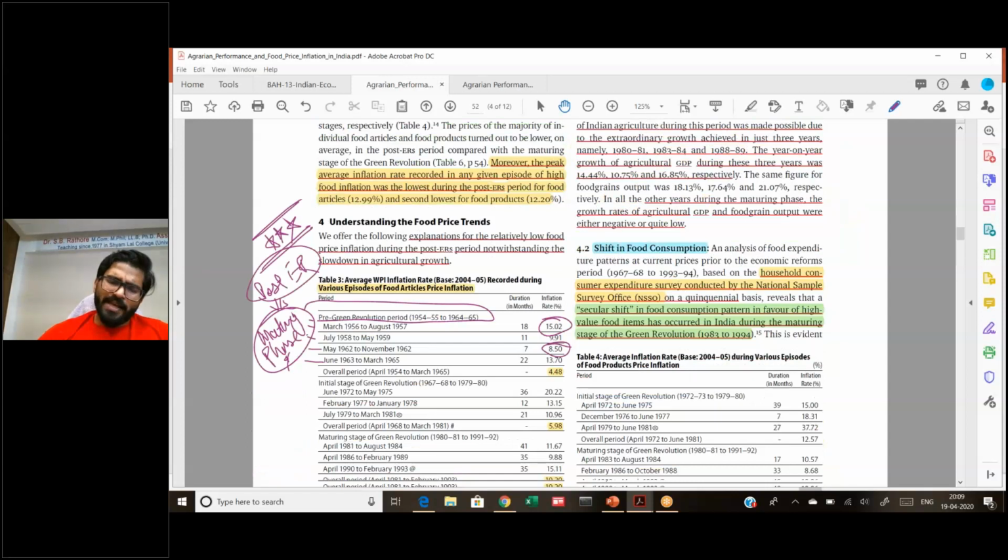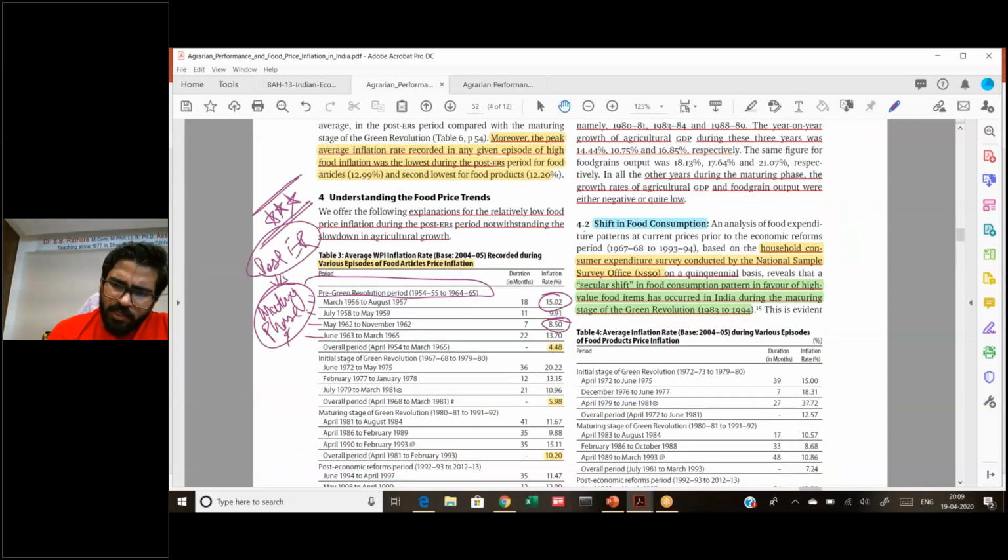The second explanation is the shift in food consumption. This is an argument which we have already covered in the previous reading. It talks about the fact that in the maturing phase of the Green Revolution, from 1983 to 1994, the NSSO conducts the household consumption expenditure survey, and on this survey we see that there has been a secular shift.